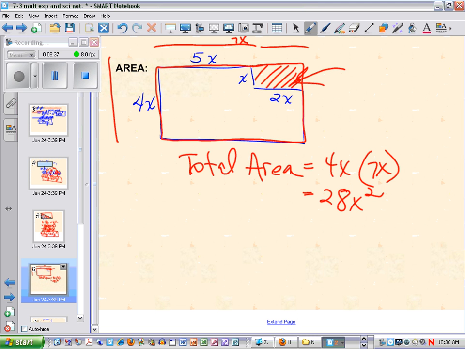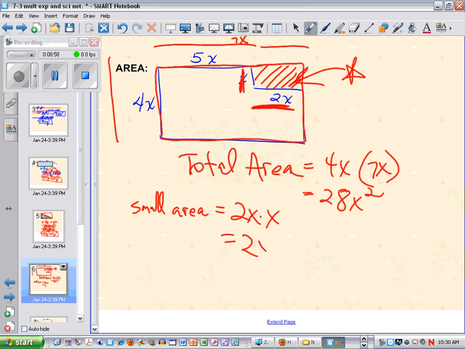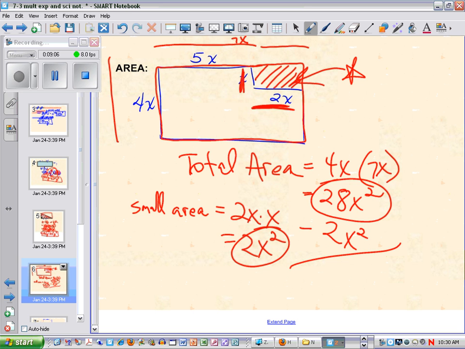So now let's find the part right here that we want to subtract off. The small area would be 2x times x. So that would be 2x squared. So let's subtract that from our entire area. So 28x squared minus 2x squared would leave us with 26x squared.